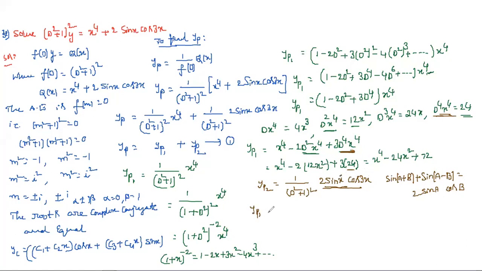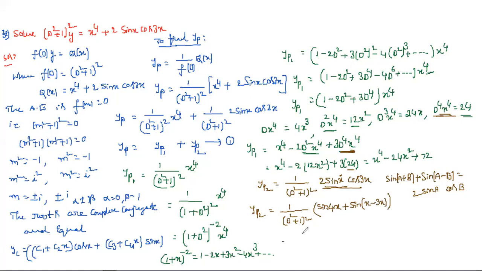You can apply this: yp2 is equal to 1 by (D^2 + 1)^2 into sin(A+B), so x plus 3x is 4x, and plus sin(A-B), that is sin(x - 3x).